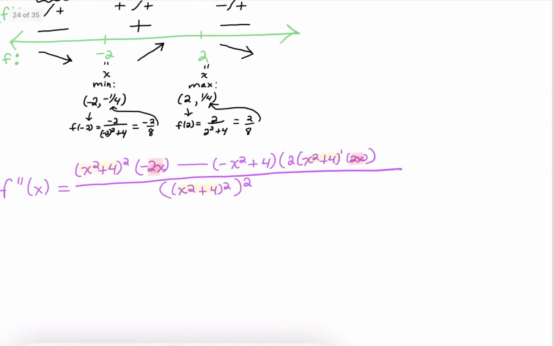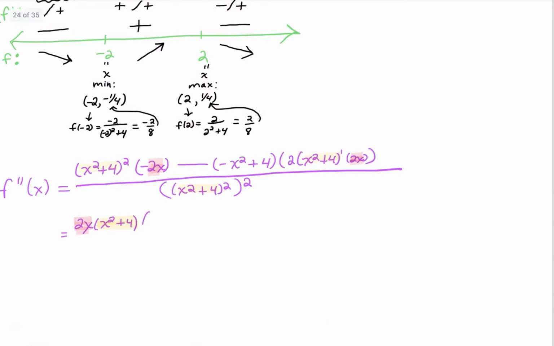So for these complicated either quotient or product rule situations, you want to factor out a GCF. So that's what we're going to do here. So we are going to factor out this 2x. So that is what came from, again, the monomial portion in both terms. And then we're also going to factor out an x squared plus 4. Now I can only factor it out to the first power because it's to the first in the second term.